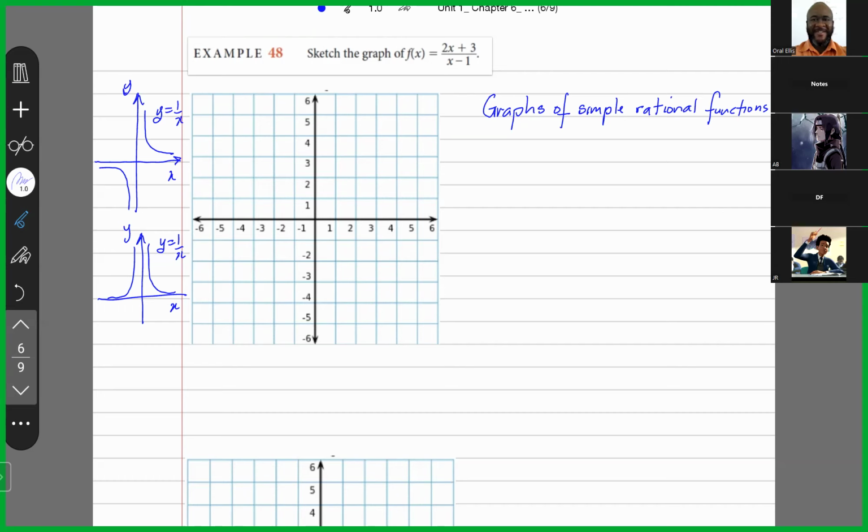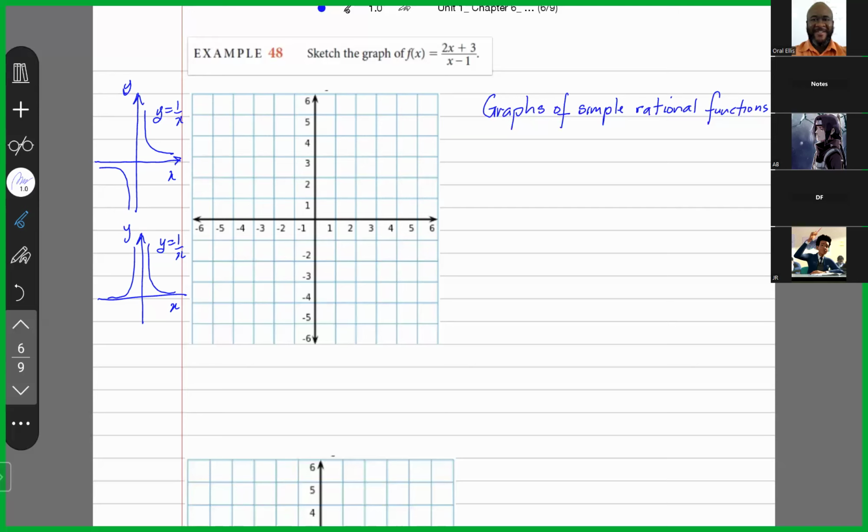Now, the first thing is this: 2x plus 3 over x minus 1 is an improper rational function. Now, what makes it improper? A rational function is an improper fraction if the highest power of x in the numerator and the denominator is the same, and if the highest power of x in the numerator is greater than the highest power of x in the denominator.